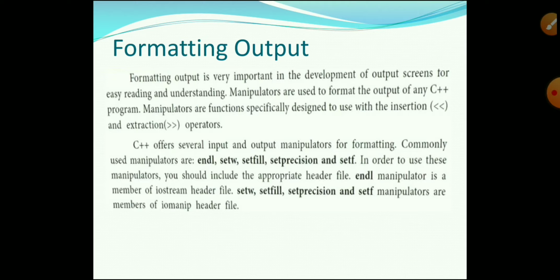They work with some special functionalities, the insertion and extraction operators. Insertion means displaying the result, using the double less than symbol. Extraction uses the double greater than symbol, and we use it to get the input from the user.